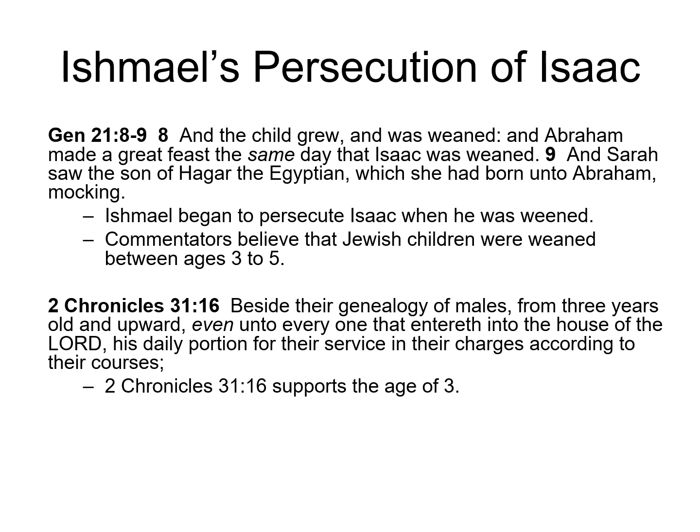So this verse tells us that men were counted in the genealogies from 3 years old and up. So I believe that this connects well to the Genesis 21 passage and tells us that Isaac would have been weaned at the age of 3.